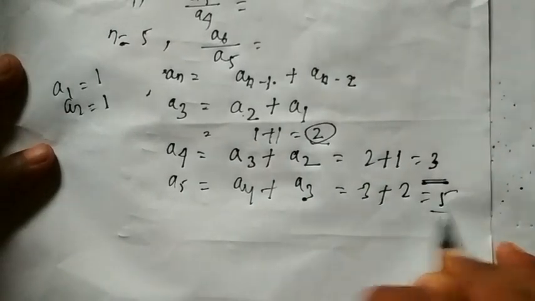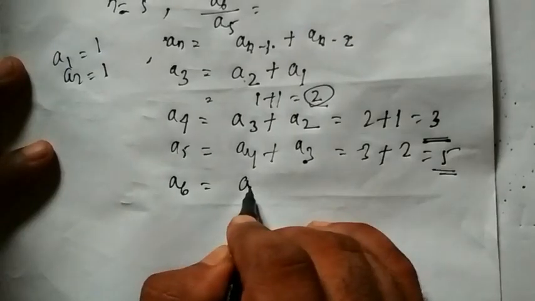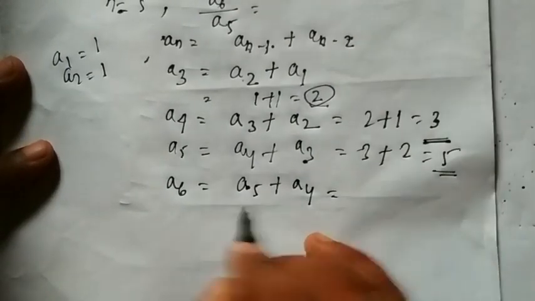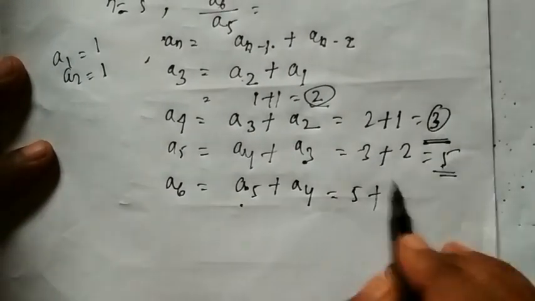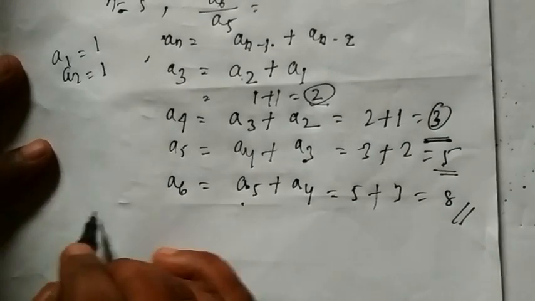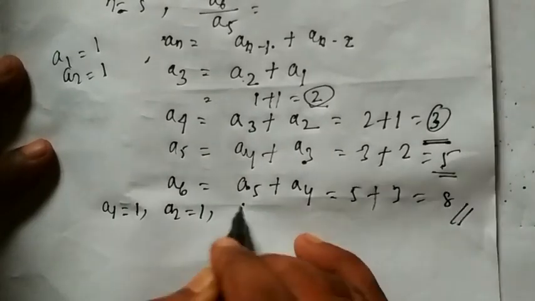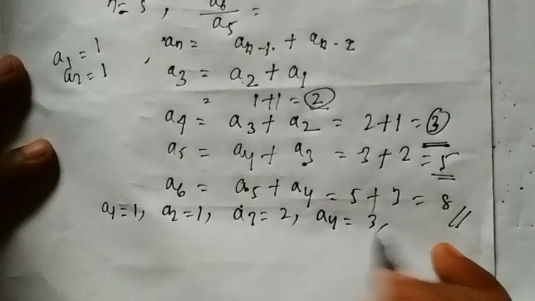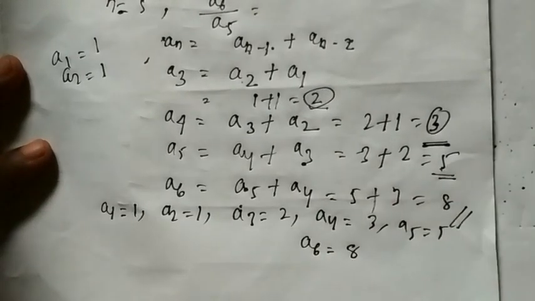So 3 plus 2 is equal to 5. Similarly, a6 is equal to a5 plus a4. a5 you got 5 and a4 you got 3. So 5 plus 3 is 8. So what did you get here? a1 is equal to 1, a2 also 1, a3 is 2, a4 is 3, a5 is 5, and a6 is equal to 8.